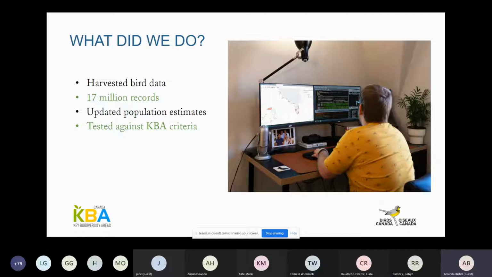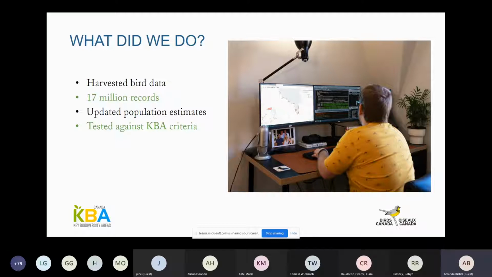Then we use the population estimates and the data that we have to test it against the KBA criteria, both global and national. Kira showed that we had a national standard, and we use that in assessing the national populations of things.